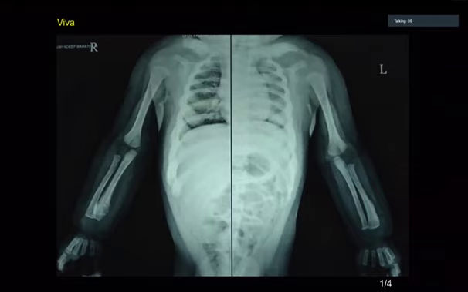So I'm provided with the frontal projection of the chest and abdomen, plus the limbs of the skeletally immature patient, in which I can see, again, I can appreciate a thickened periosteal reaction bilaterally in the long bones, and the clavicle as well.